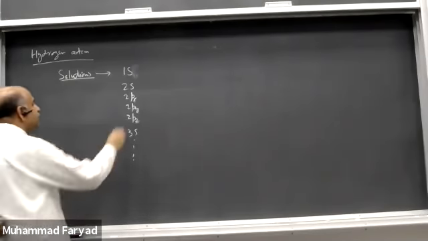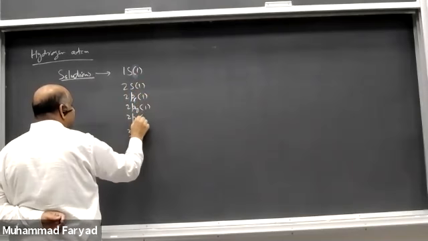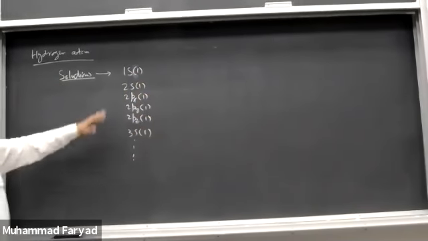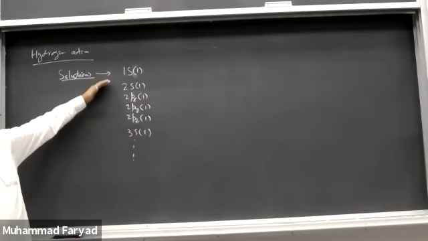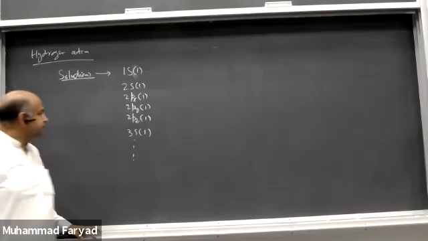And since we have only 1 electron, let me just write 1 in brackets, even though I don't need to do it for the hydrogen atom, but just for the notation later on. So these are the solutions of the Schrodinger equation for hydrogen atoms.